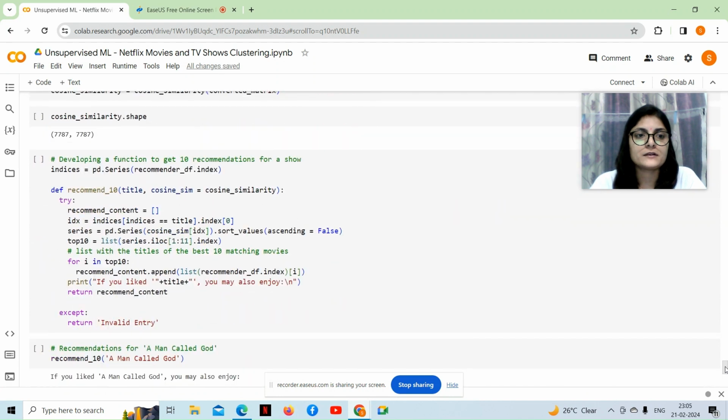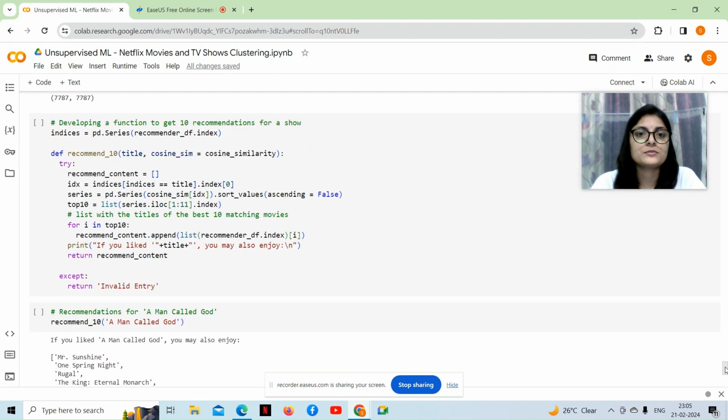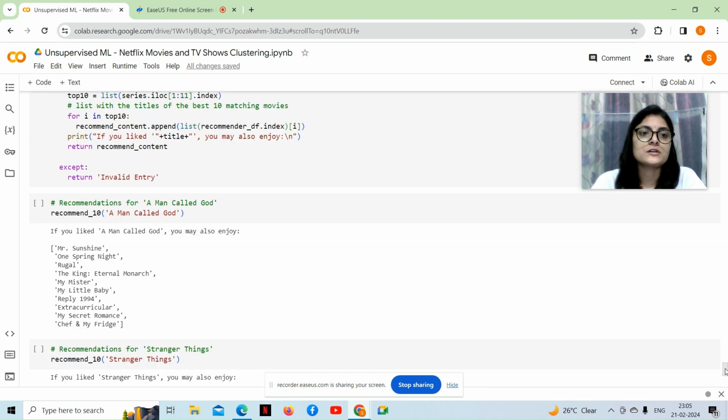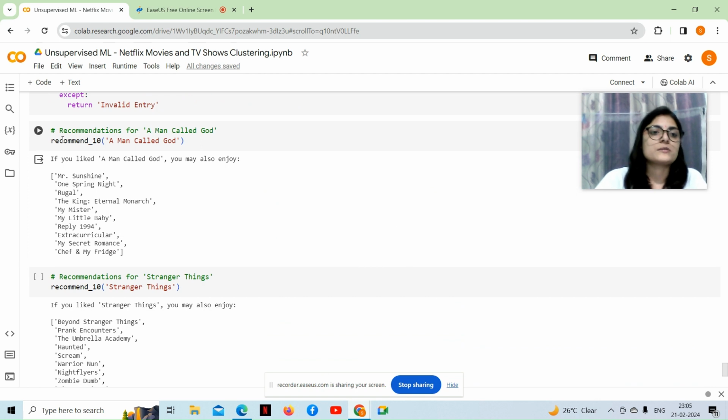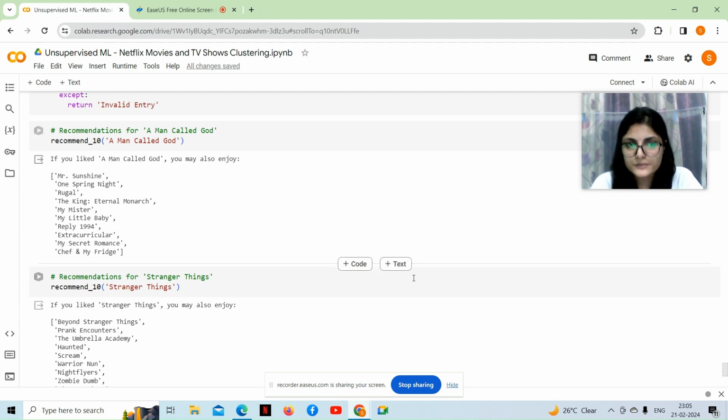Then we develop a function to get the recommendations. We get 10 recommendations for a show. Suppose I want to recommend something for someone who liked A Man Called God. There will be some recommendations like, if you like A Man Called God, you may also enjoy these movies.